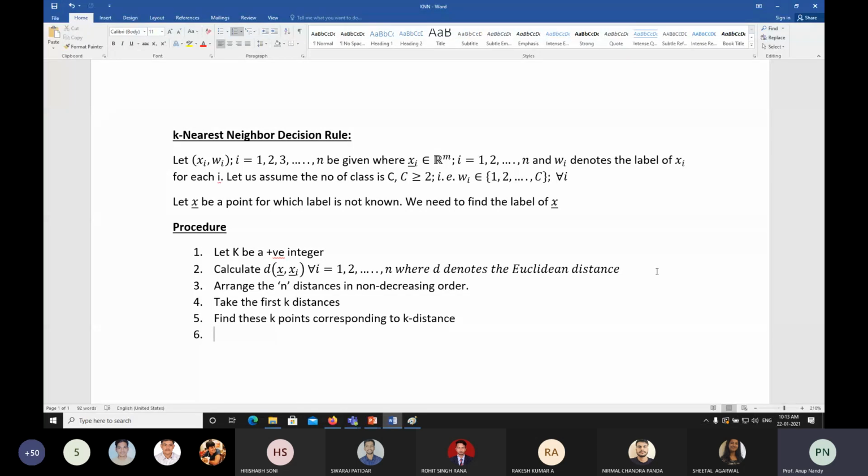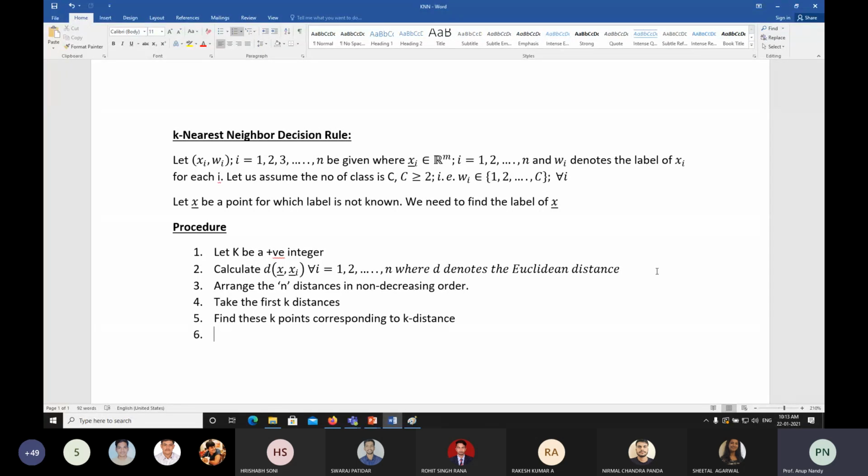Now k is equal to 3. It may so happen that k is not necessarily positive, but k may be 0. How can the value of k be 0? Suppose you have 12 classes and you have n data points, observations.